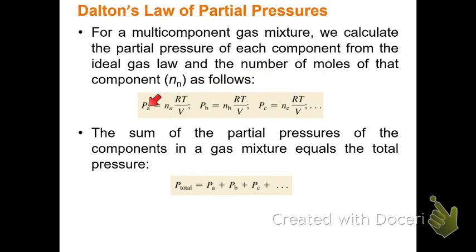So the pressure of gas A is equivalent to the number of moles of gas A times RT divided by V. The individual partial pressure of gas B is equivalent to the number of moles of B times RT divided by V. Same thing for the gas C. Once you determine the individual partial pressures of each gas, then you can determine the total pressure of that mixture by simply adding them all together using this equation.